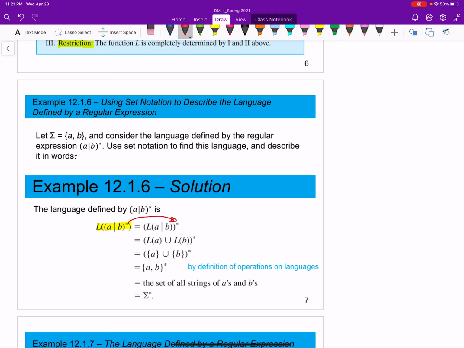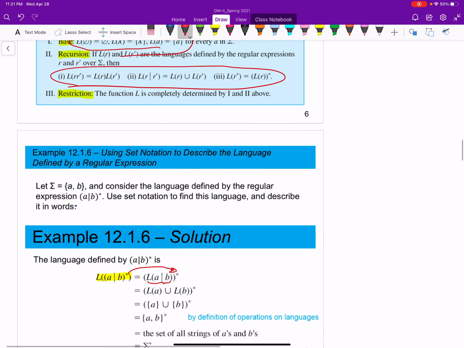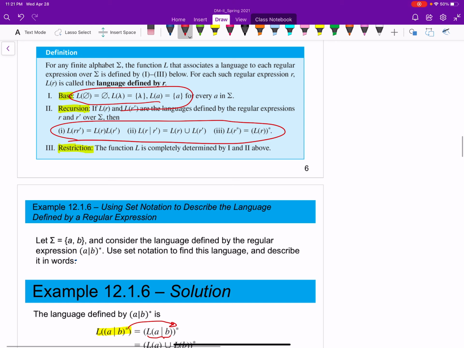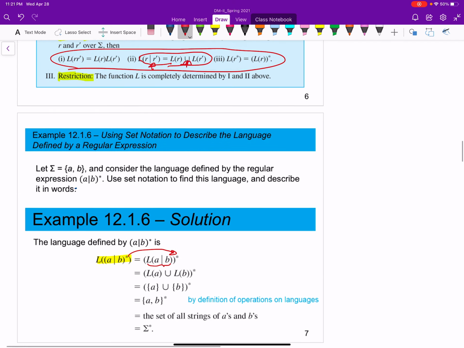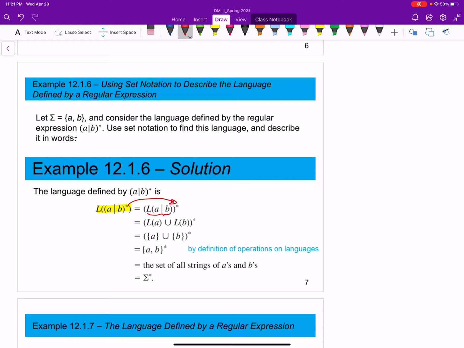And then this part is L of a/b, which is right here, so you can replace this slash by union. So you just write it L of a union L of b.